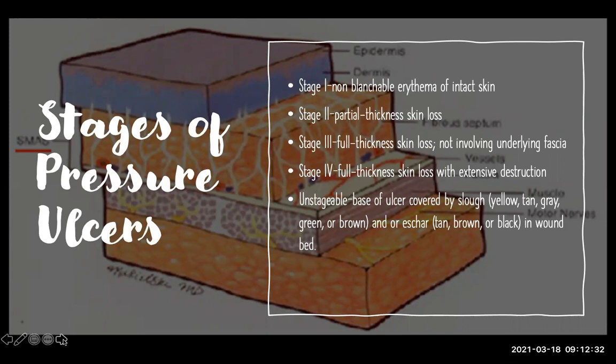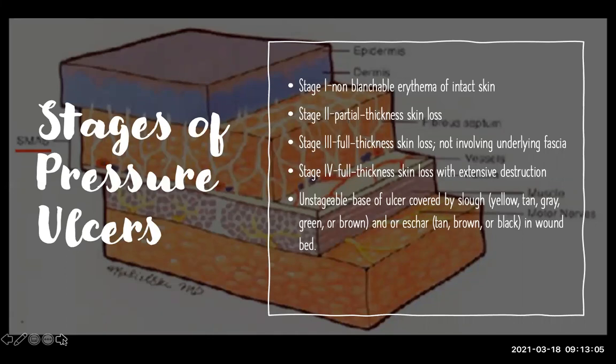Stage 2, now we have a break in the skin, and it's called a partial thickness loss of skin. So partial thickness, it's only involving the top layer of our skin, the epidermal layer. Stage 3 is a full thickness skin loss. It's now gone below the epidermal layer into the dermis.